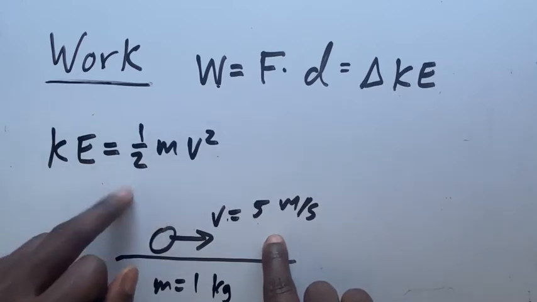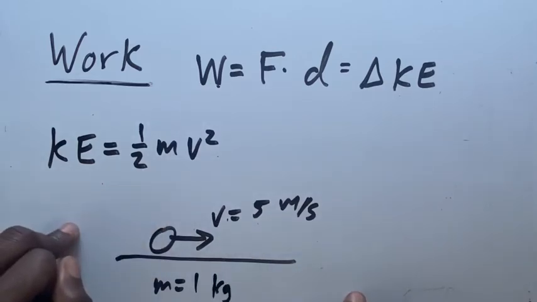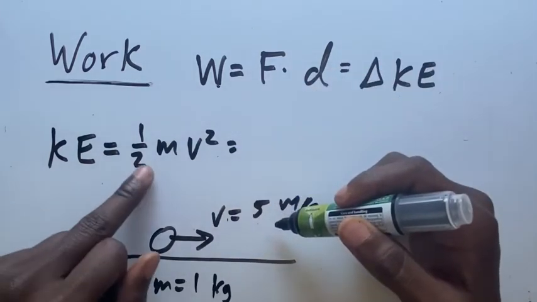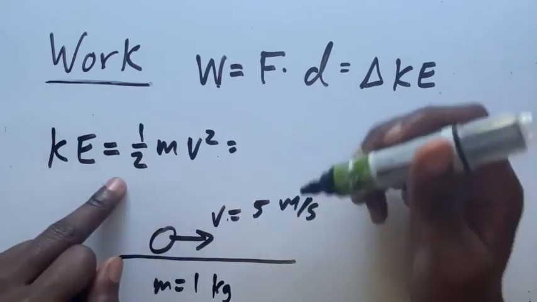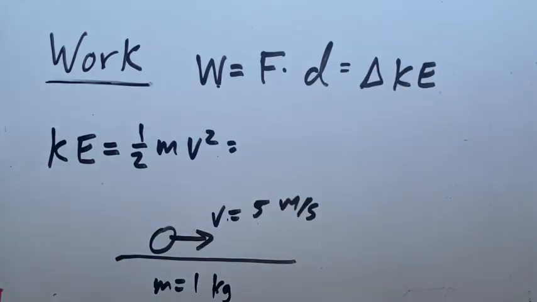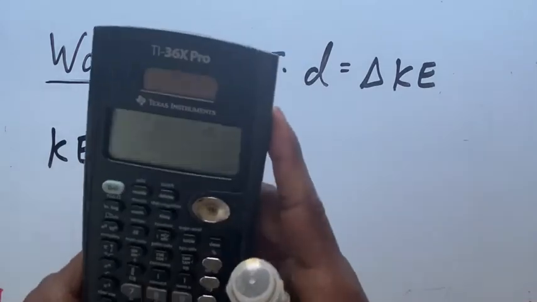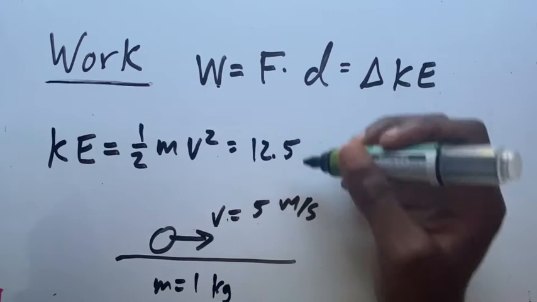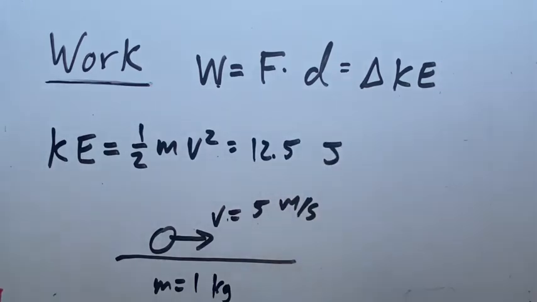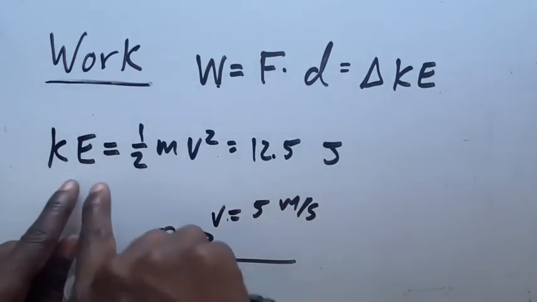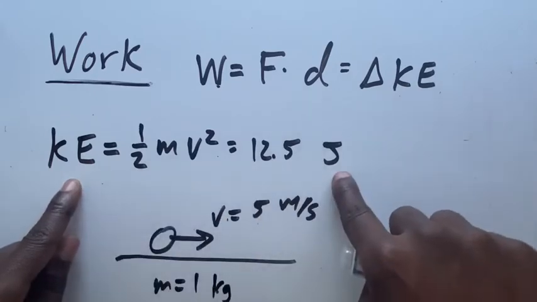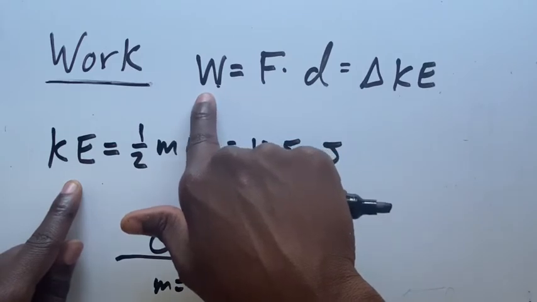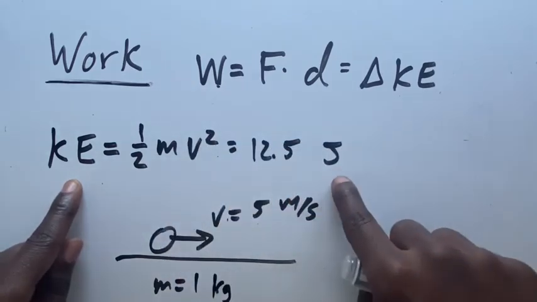So the kinetic energy of this ball would be 5 times 5 is 25, times mass is just 1, divided by 2. So 25 divided by 2 is just 12.5 joules. And so energy is also measured in joules, just how work was also measured in joules. So work and energy are both measured in joules.